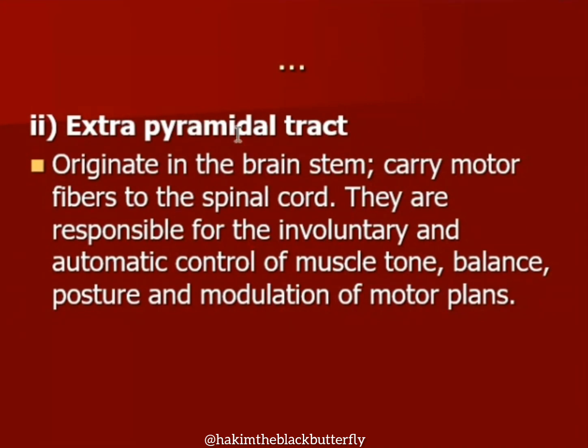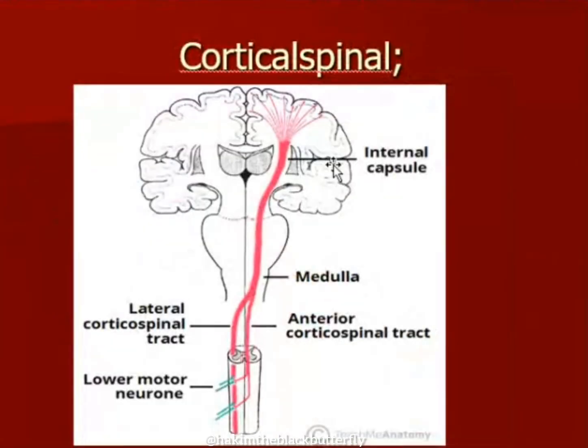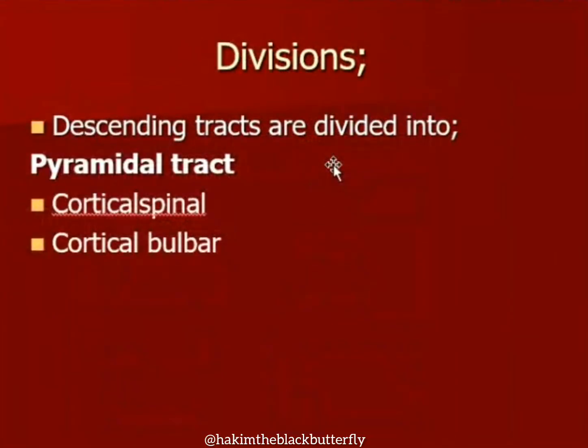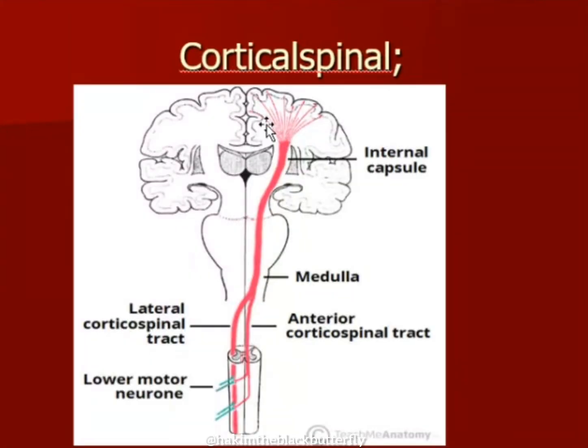Number two, their upper motor neurons do not originate from the cerebral cortex, but their upper motor neurons originate from the brain stem. Here we saw in the pyramidal tract, which is made up of the corticospinal and corticobulbar, that for them, their upper motor neurons originate from the cerebral cortex.